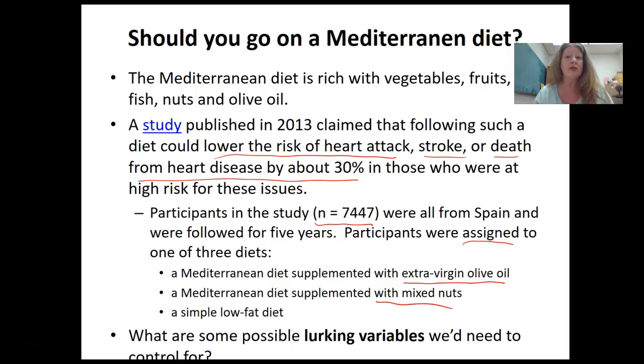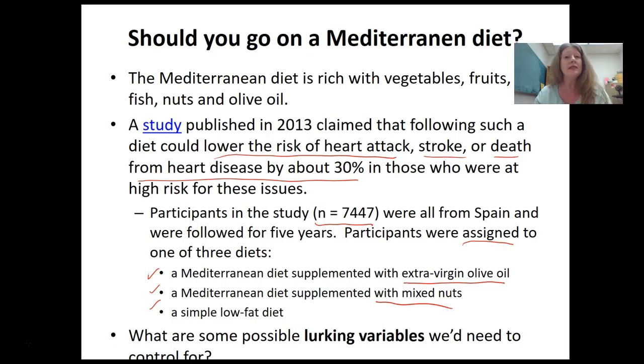One way that we can try to control for those things in an experiment is to randomly assign people to different groups. So if I randomly assign individuals to one of these 3 groups, hopefully I'm mixing up all of those lurking variables in a similar way in each group. Each group is starting out similarly in terms of different ages, different lifestyle choices, different genetic factors.